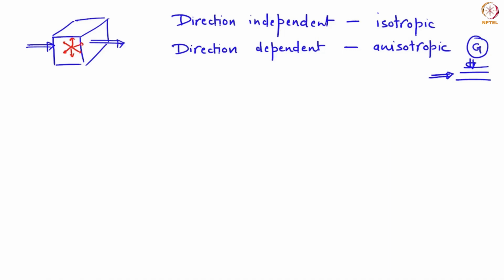Now again, how do we go back to mathematically describing these kinds of properties? So let's first go back to our usual expression. What was the expression again? We had R equals P into F. If I call this expression 1, let's say we talk about voltage and current.